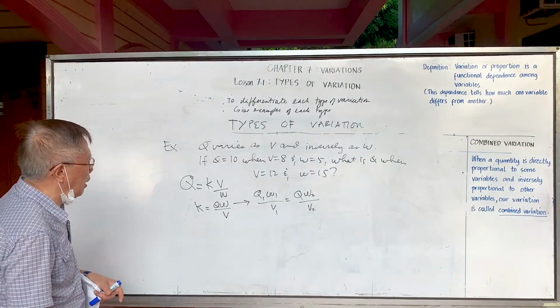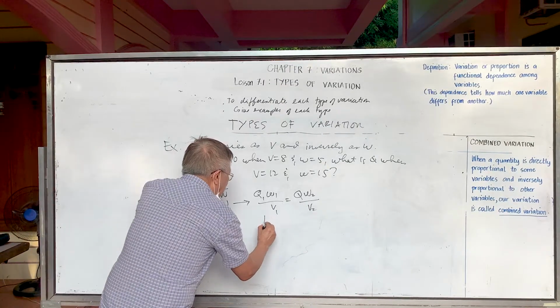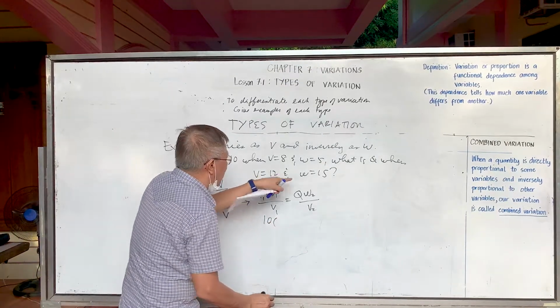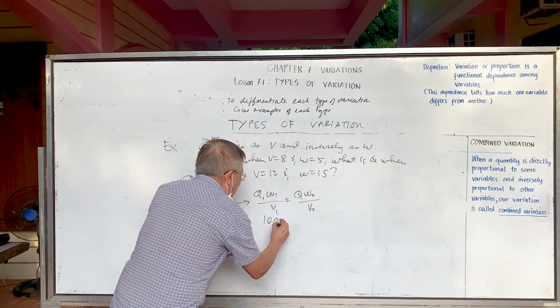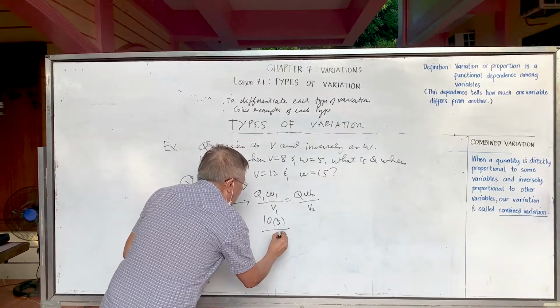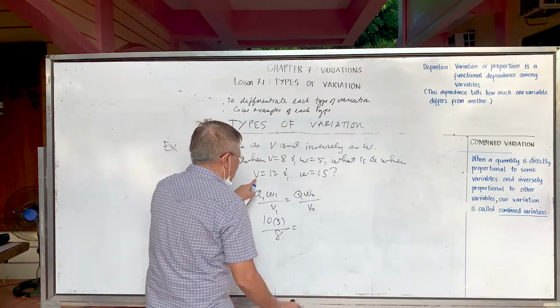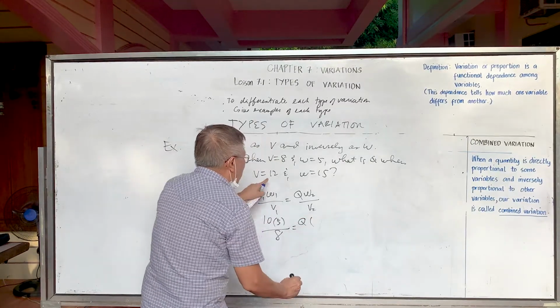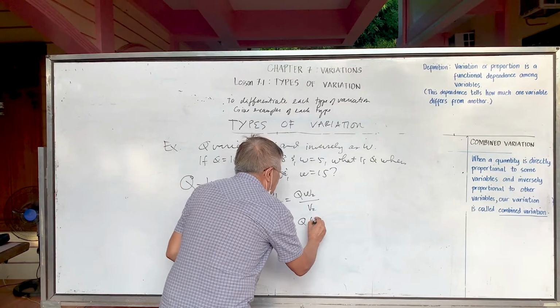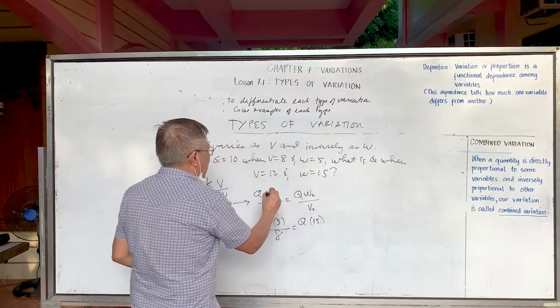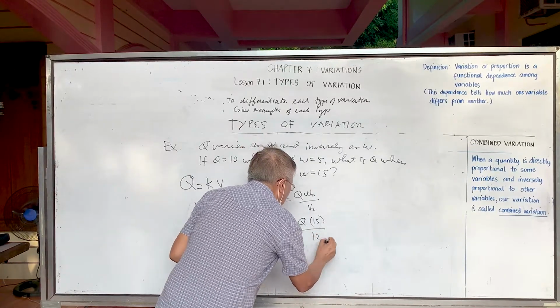Now, substituting the values. Q1 is 10. And what do I get for W1? I have a 5. And I have an 8 here for V. What is Q? So, Q is unknown. W is 15. And V is 12.